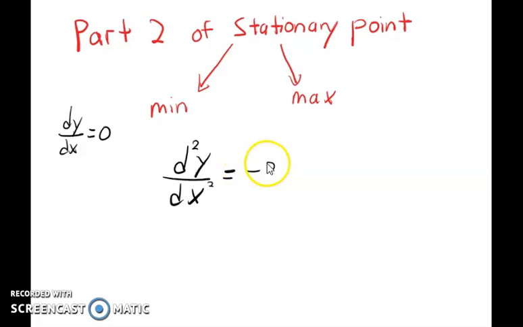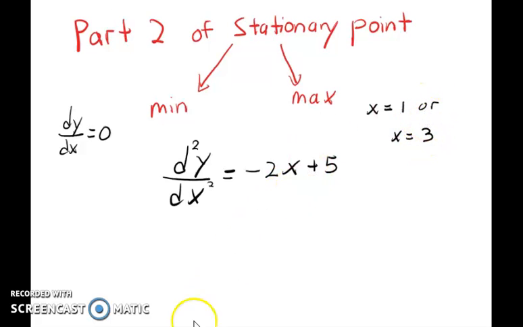So let's say we got an equation over here, for example, and I got a stationary point which is x equals 1 or x equals, let's say we just make it a 3.